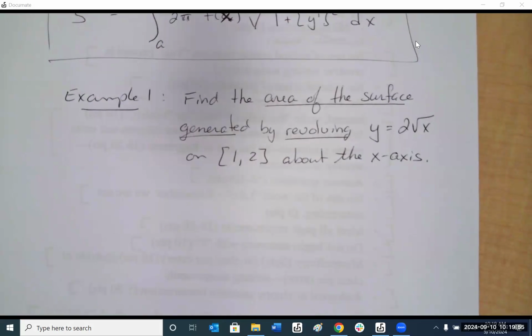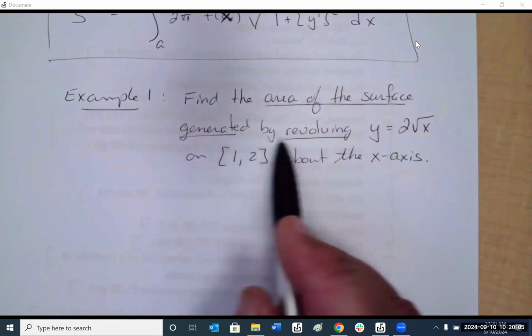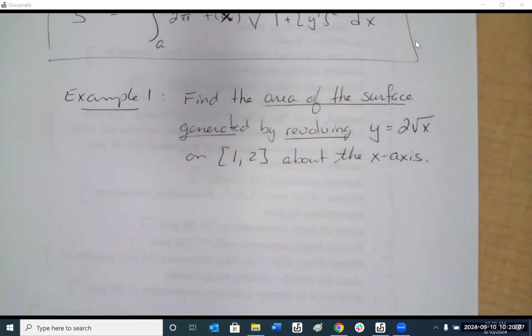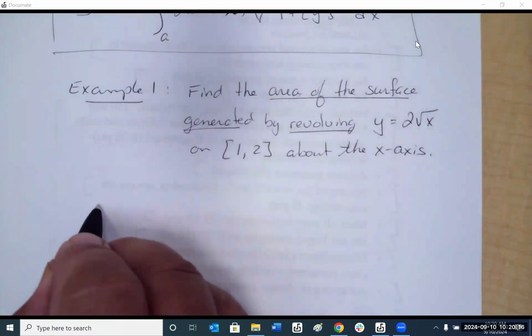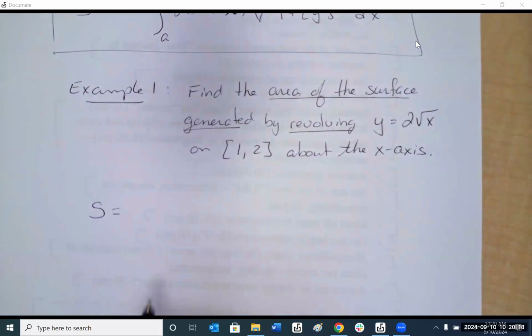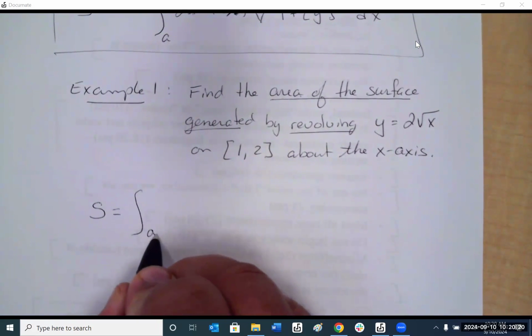Find the area of the surface, only the outside. That's why it's 2 pi, it's around. So it's a surface area, S, and so we have to use this formula.